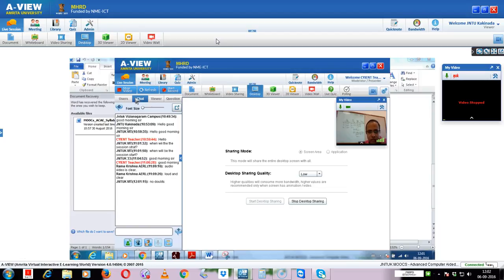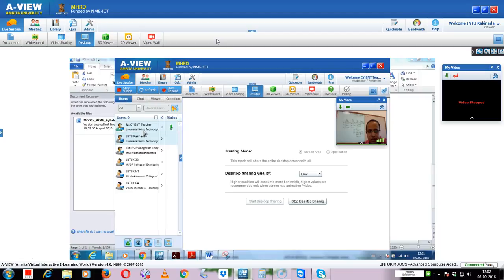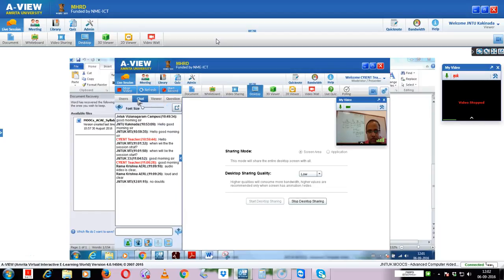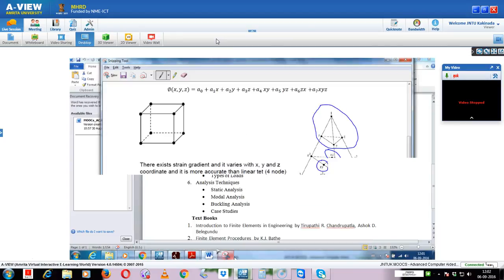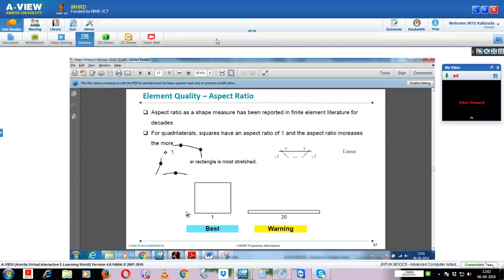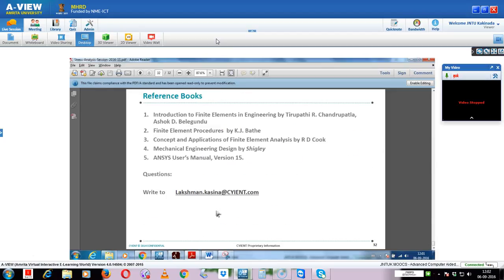I got a response from Venkateshwara College, no doubts. What about other colleges: Kakinada, Vijayanagaram, MVJR College, Vishnu Institute of Technology? You need not wait for this session. You can also write an email with your doubts, lakshman.kasina@sign.com.